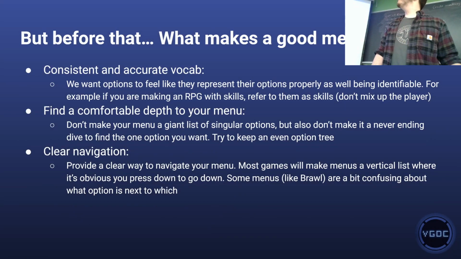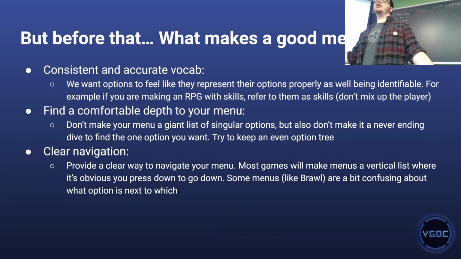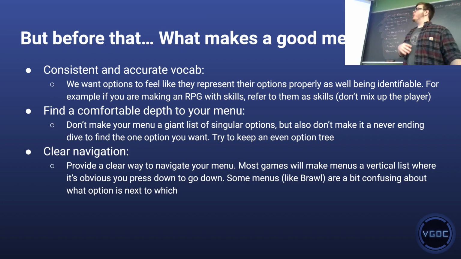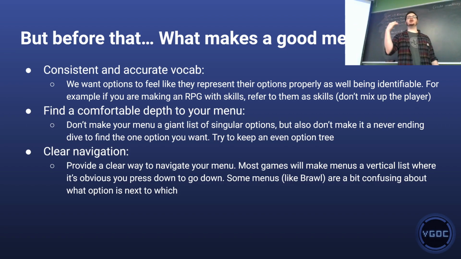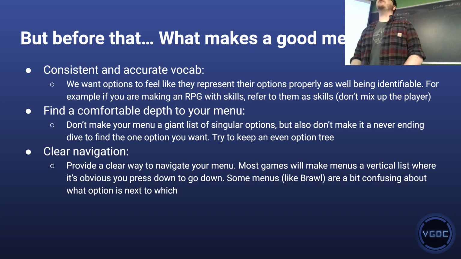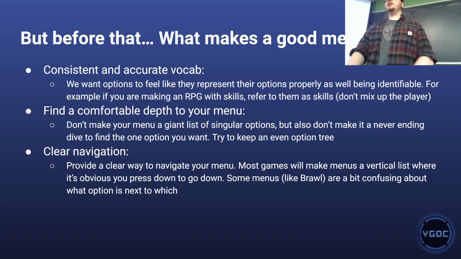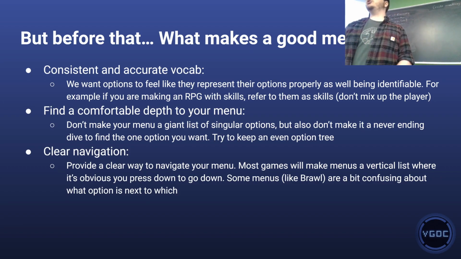Before we go into doing menu stuff, here's what I would focus on when making these menus. The first one I would emphasize is consistent vocab. A lot of these games have very complex mechanics that might have terms associated with them. Let's say Pokemon, for example.